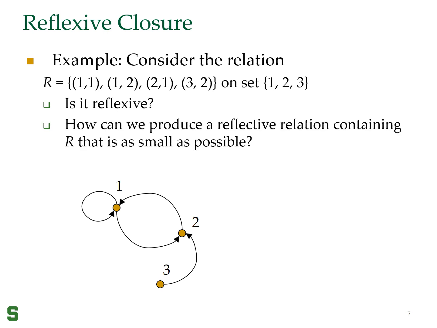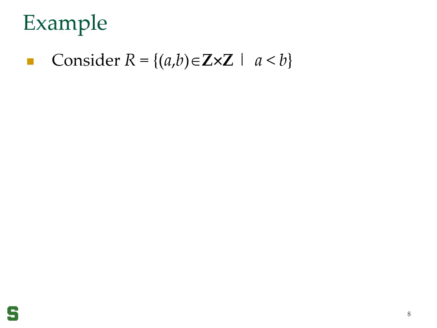So if I think about this in terms of this graph, then adding reflexive closure is basically adding the self loop at every point where there isn't one. So at 1 you already have a self loop, so we added 2, we added 3, and that is going to be the reflexive closure of that relation. Let's consider an example.